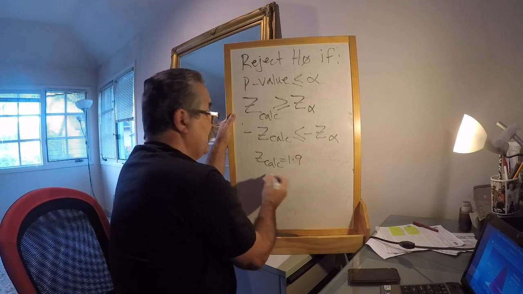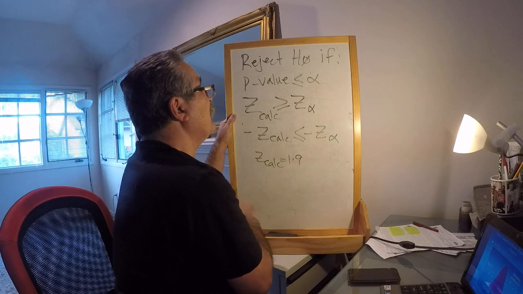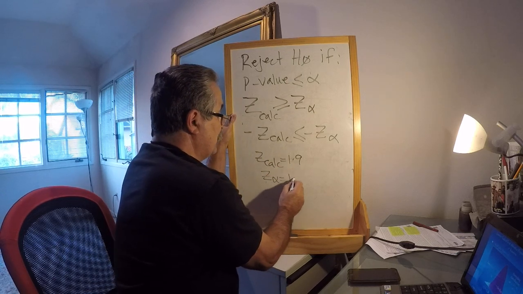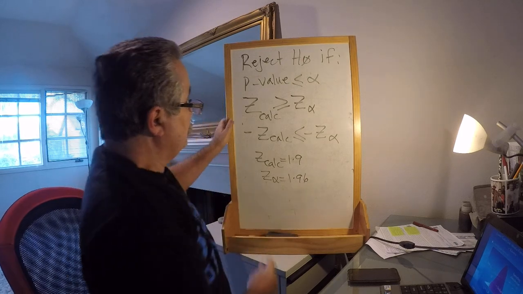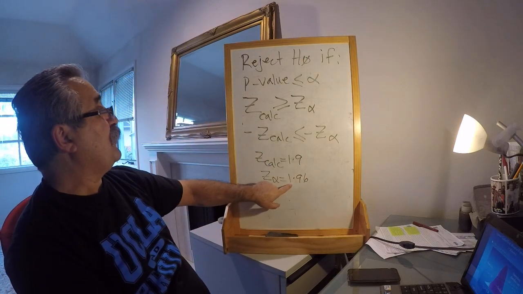If we're dealing with 95% and one tail, the upper tail, z of the alpha is going to be 1.96. So the z we calculated is 1.9, and this is 1.96.